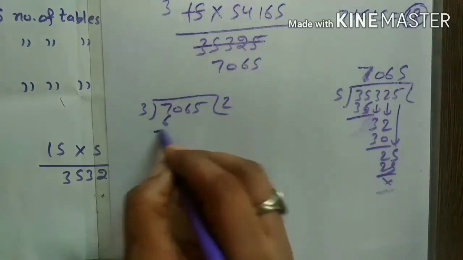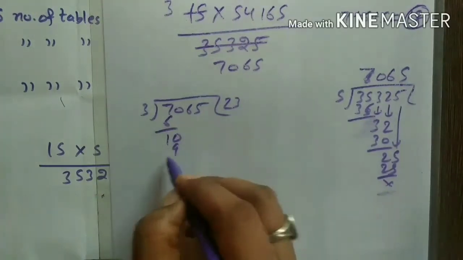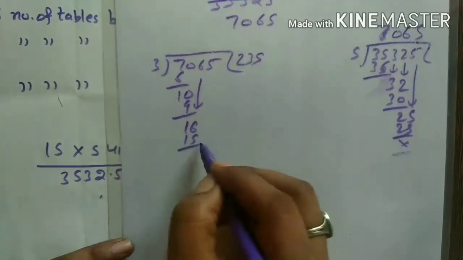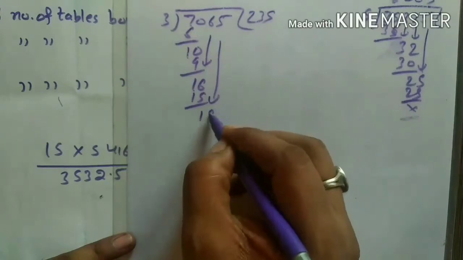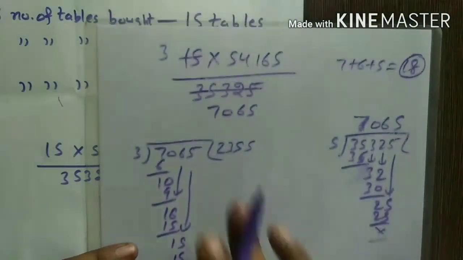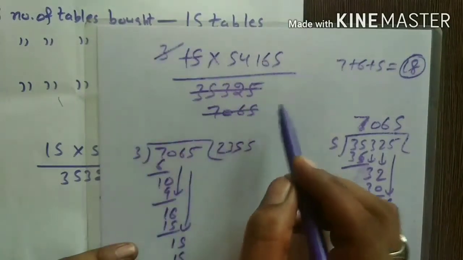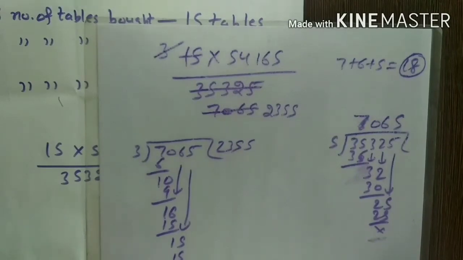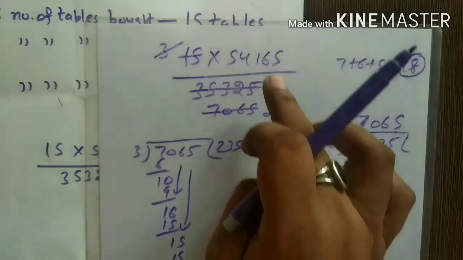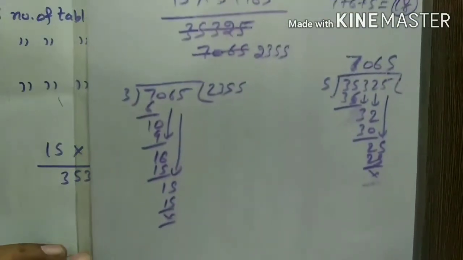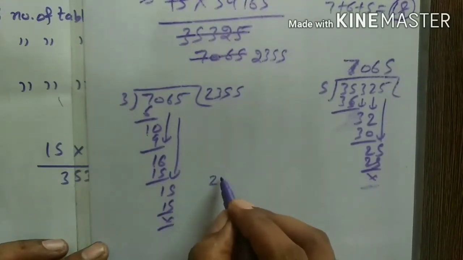Now 3 2s are 6, 3 3s are 9, 3 5s are 15, 3 5s are 15. Now 2355. Student, now we will have to see whether this divides the upper one exactly or not. For this I will divide.